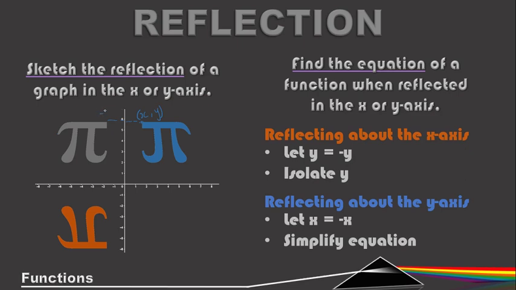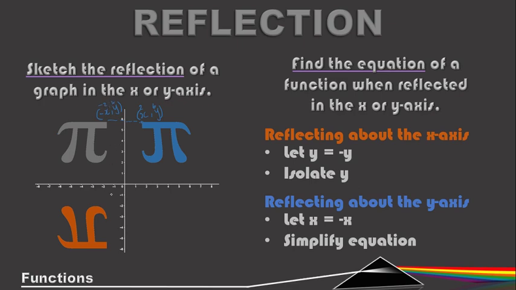So we replace our x with a negative x. The y stays the same. And here you can see it. So let's make it simple. Let's say this coordinate was 2 and 6. Now this point will be negative 2 and 6, as you can see.